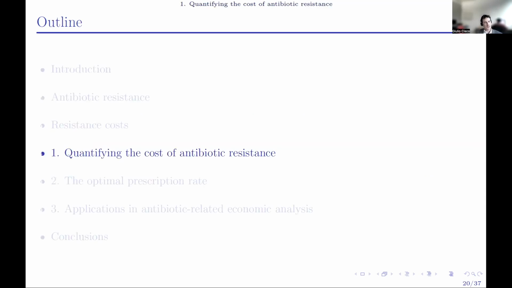So first of all, we will see the estimation of the cost of the resistance. I'm saying right now that I don't have conclusive estimates, because of course it's a long process. I'm still in the process, but I will show you what was the idea behind it and how we possibly can make it.